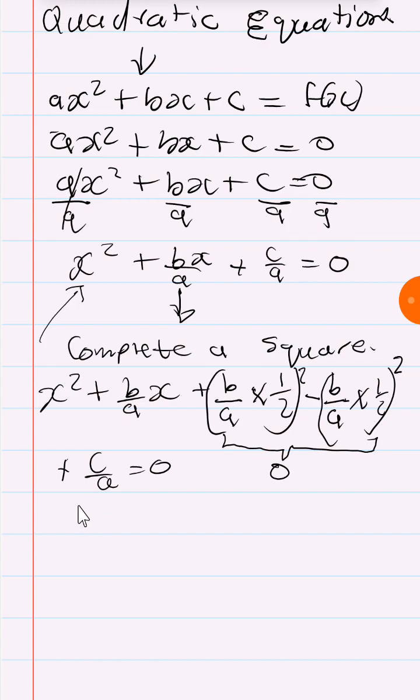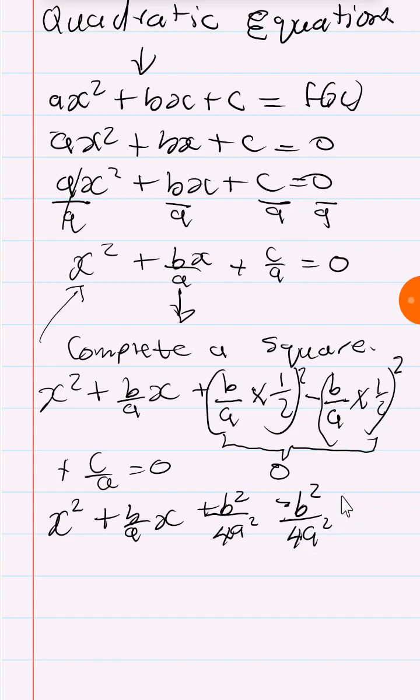Now we're supposed to solve for x in the above equation. x squared plus b over a x plus b squared over 4a squared minus b squared over 4a squared plus c over a equals 0.